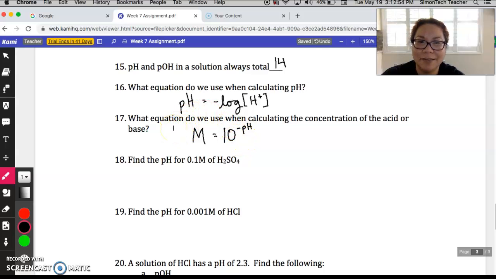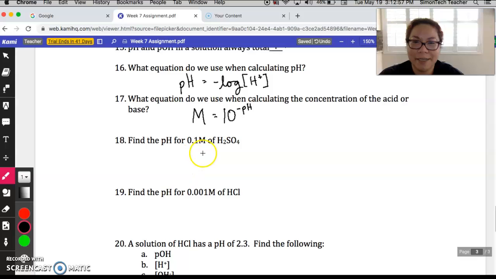Now, let's practice. Find the pH for 0.1 molar of sulfuric acid. So, we are looking for the pH. We will use this equation, negative log times the concentration, okay?